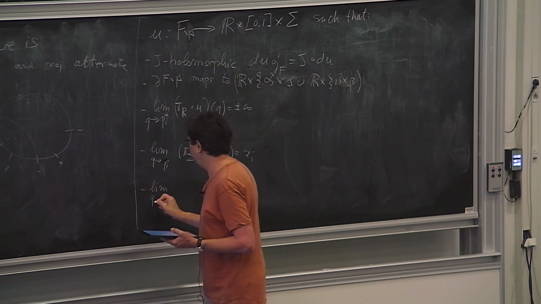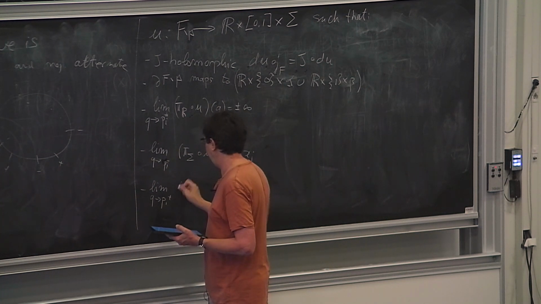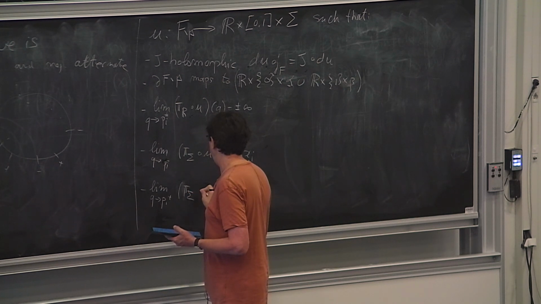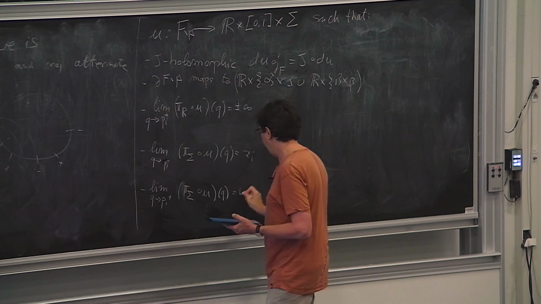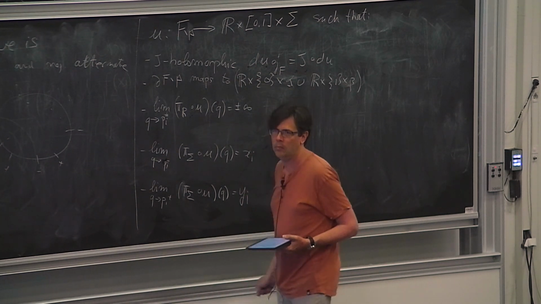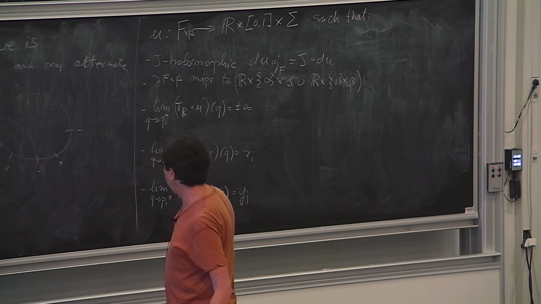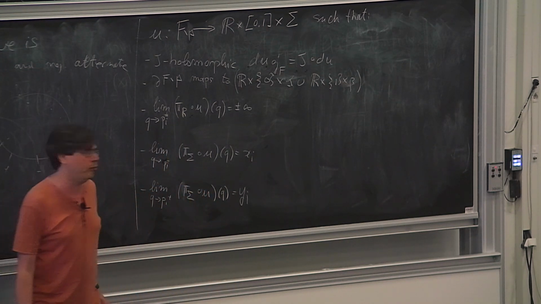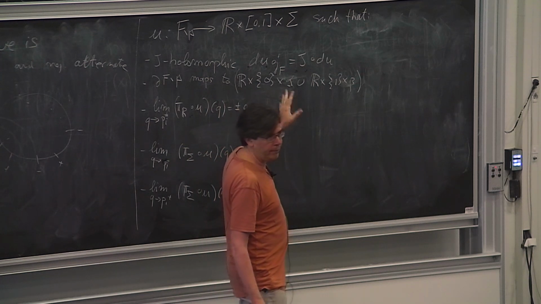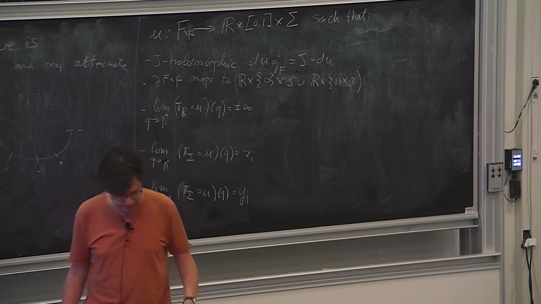And the limit as q goes to p_i plus of P_Sigma composed with u of q is equal to y_i. This is a horrible definition. If I were good at drawing, I would try to draw a picture, but the picture needs to be in dimension 4, and I can barely draw in dimension 2. So I will not try.